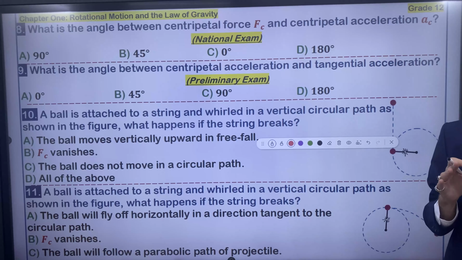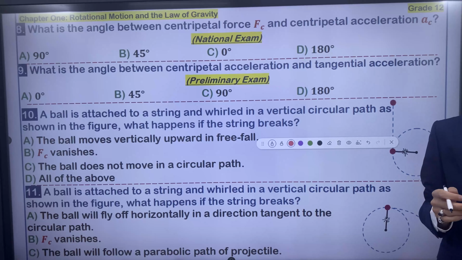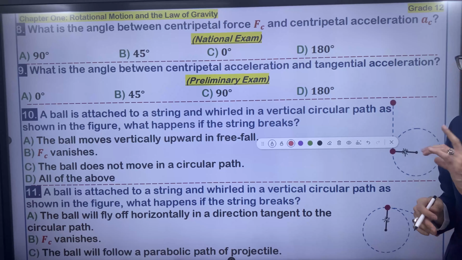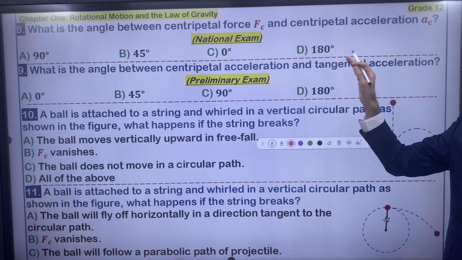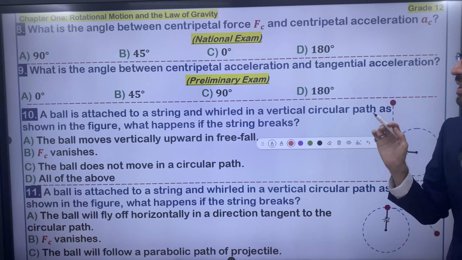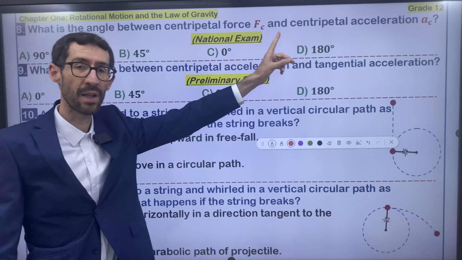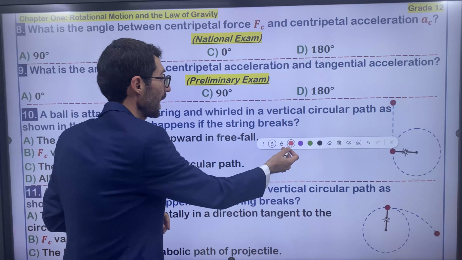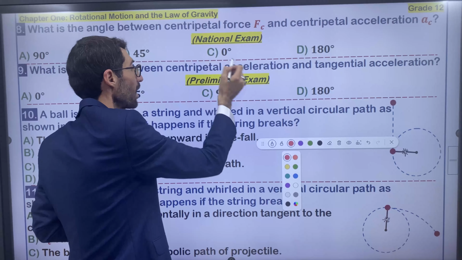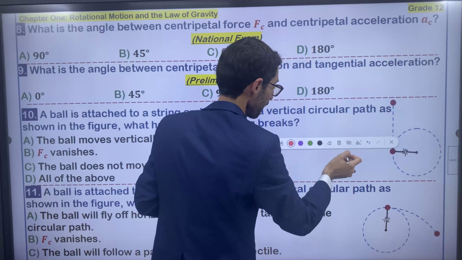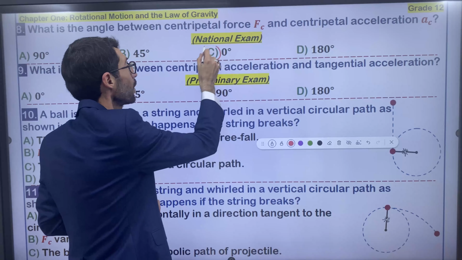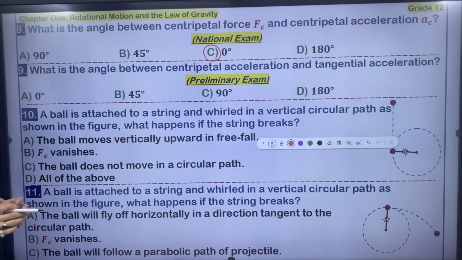If quantities are similar, without thinking, the angle is 0, right? So here there are some options: 90 degrees, 45 degrees, 0 degrees, 180 degrees. So the answer is 0 degrees, because the quantities are similar.